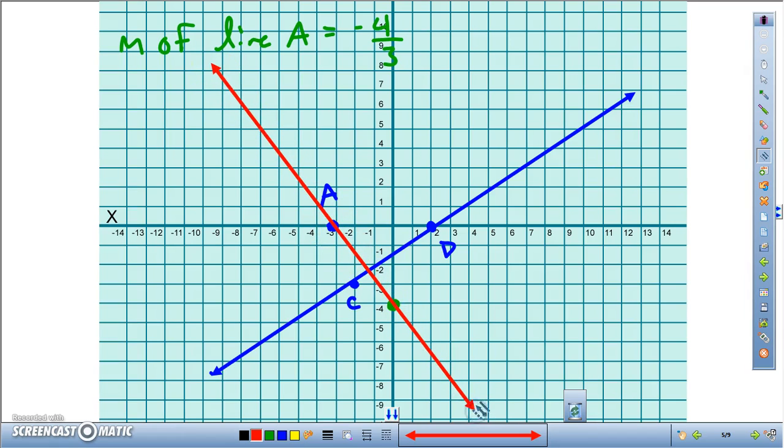And since I know that the slope of this line is -4/3 and the slope of this line is +3/4, I can now make the statement that line A is perpendicular to line CD.